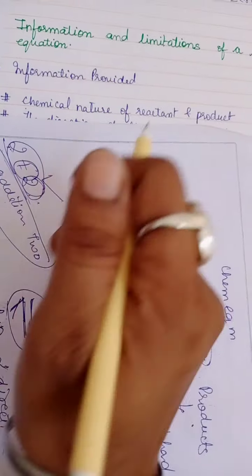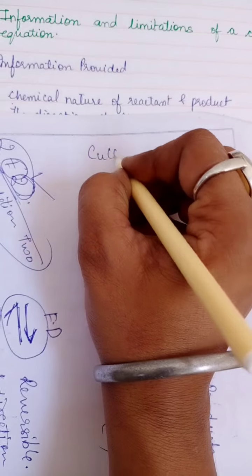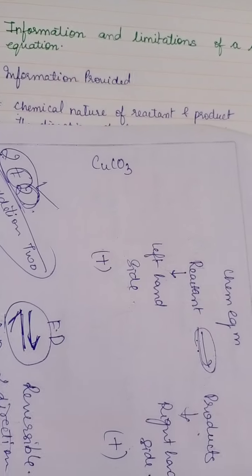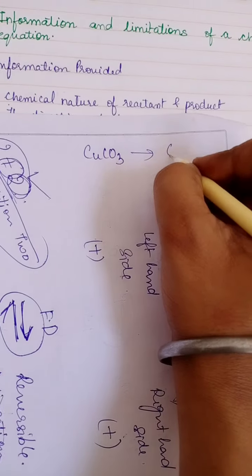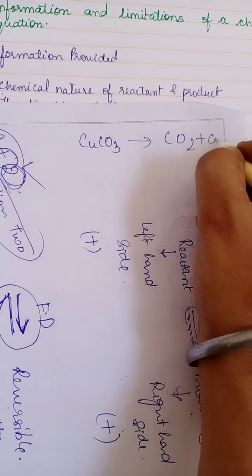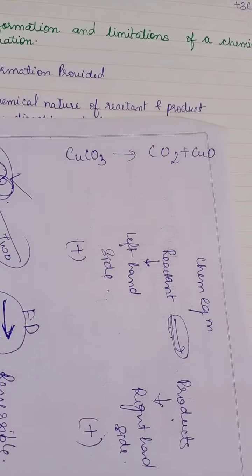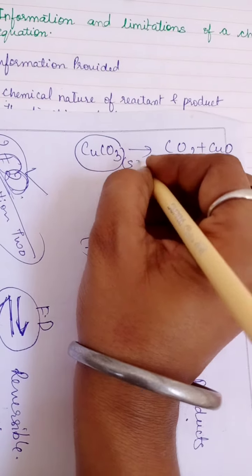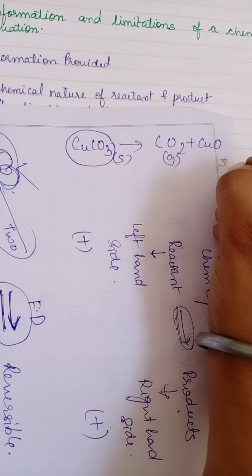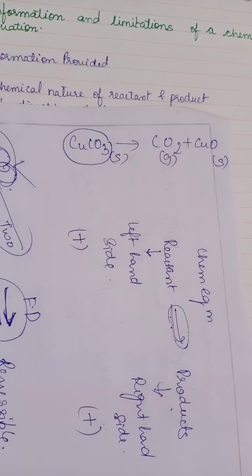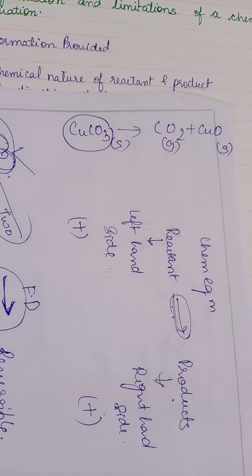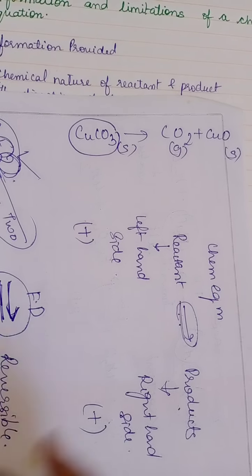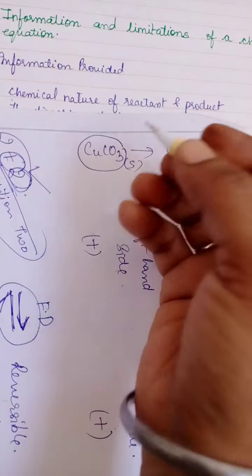Suppose we are taking the example of CuCO3, copper carbonate. It gives me CO2 plus CuO. This is the equation. Now this compound is a solid, this is a gas, again this is a solid. But do you know what is the color? No, you cannot guess the color because I have not mentioned it.